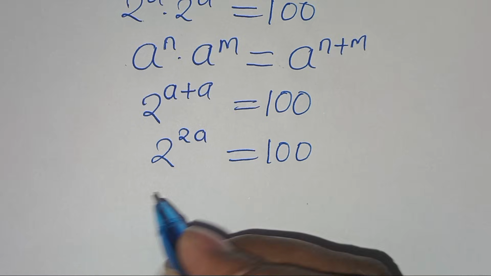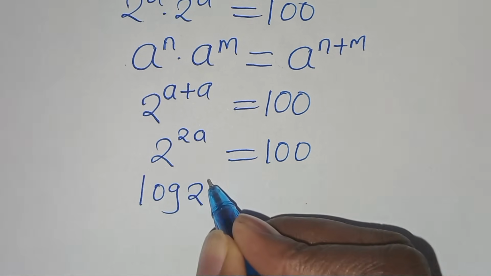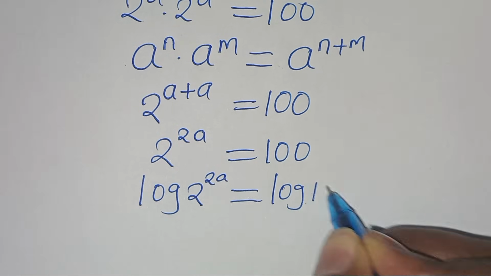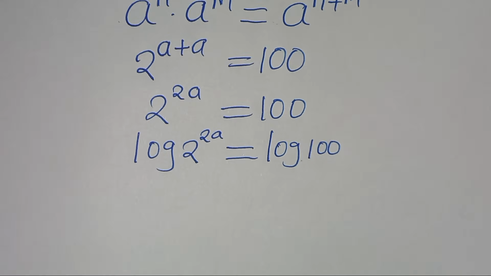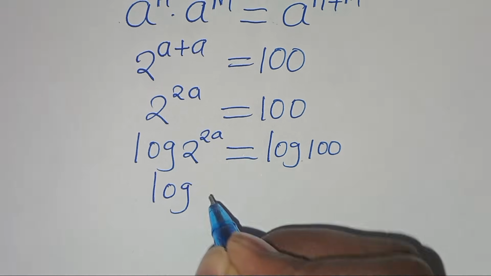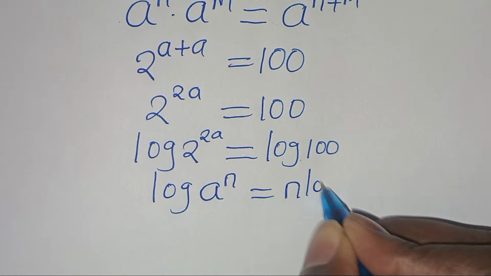To solve for a here, we introduce logarithm on both sides. We have log 2 to the power of 2a. This is equal to log 100. You find that log 2 to the power of 2a is in the form of log a to the power of n, which we can express as n log a.